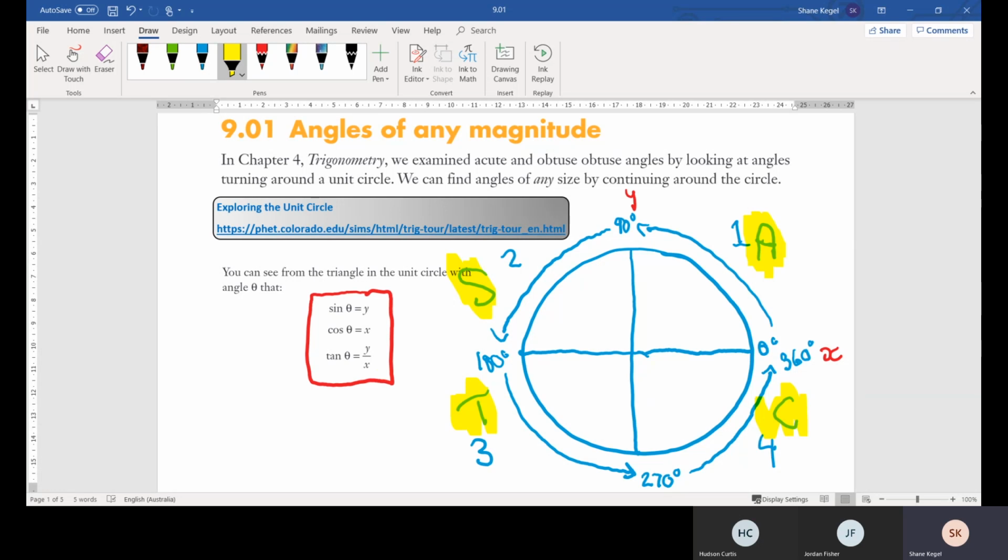The other bit of information that we will be focusing on in this unit circle is our degree amounts. So we've got 0 degrees we started with, 180, and we're just going to look at the horizontal numbers.